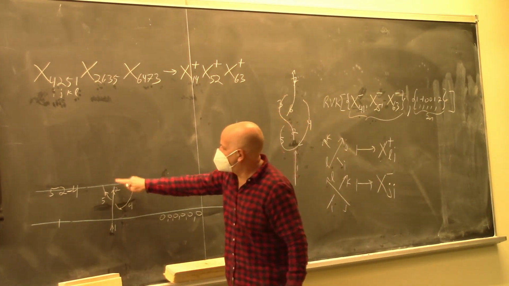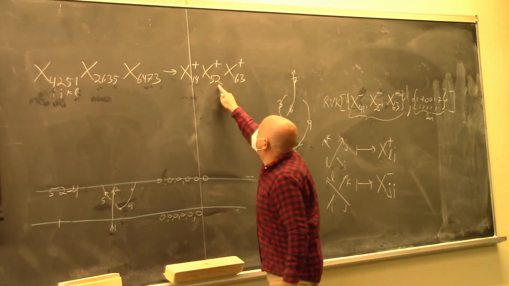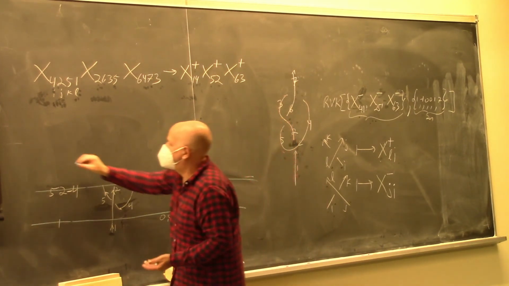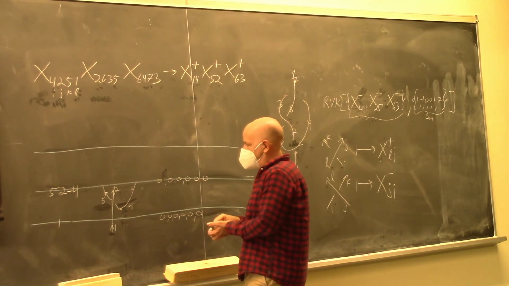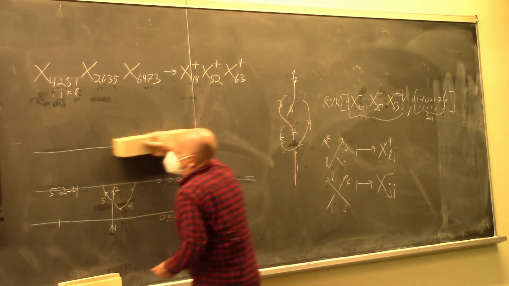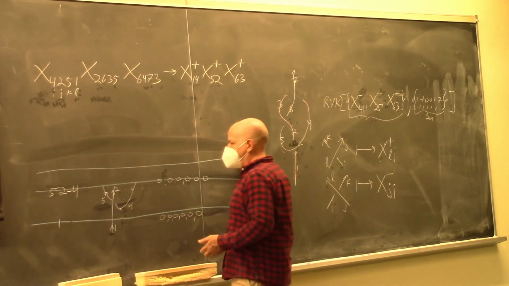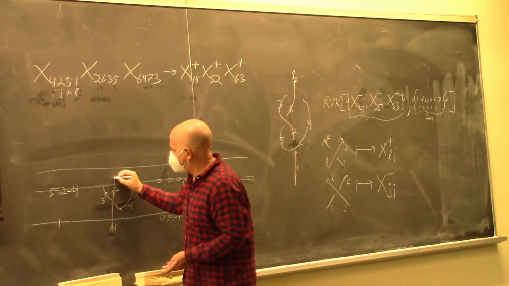So I continue walking along the knot. I go on 2, and I find that 2 goes under 5 in a positive crossing. So you know what? Let me try to be a bit more compact. So 2 will go under something.